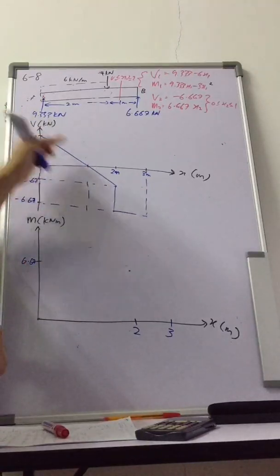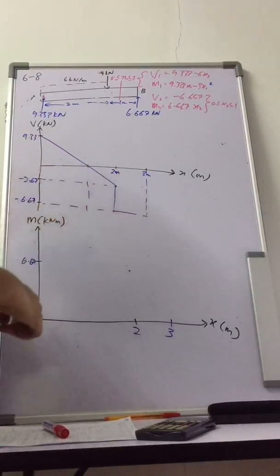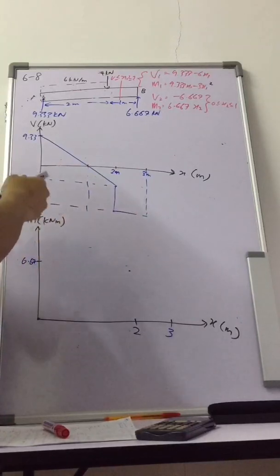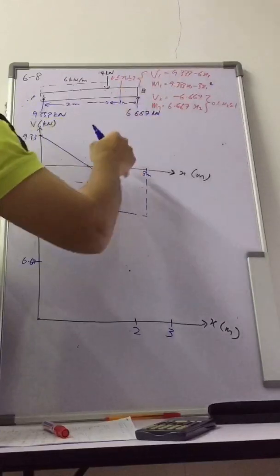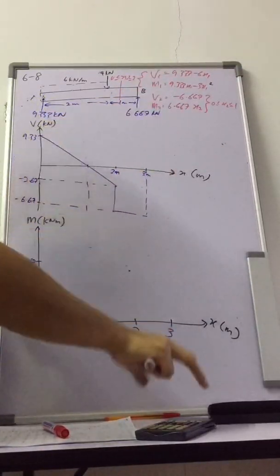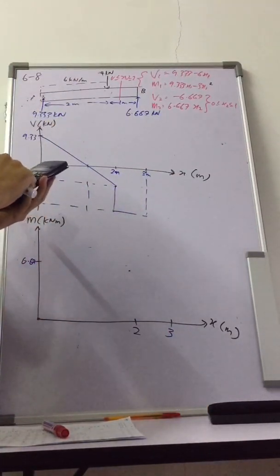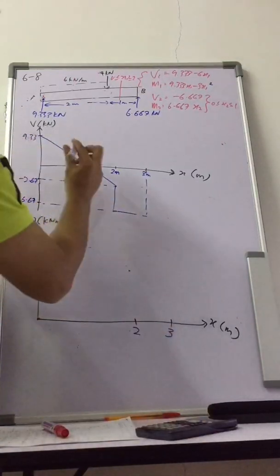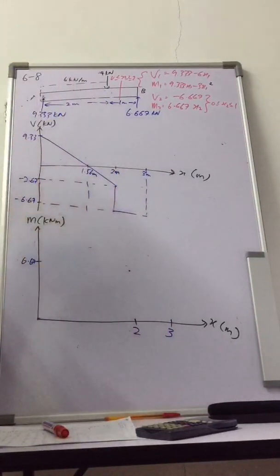So how do we interpret this region, x equals 0 to x equals 2, from this value to that value? Because we have these two values, let's find this intersection point. Go back to V1 for the equation. To find this intersection point, you put V1 equals 0 and find x1, which is 9.333 divided by 6. So you got 1.56. So this intersection point is 1.56 meter, right?